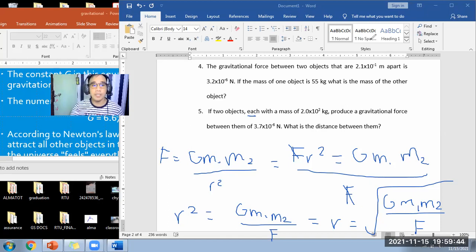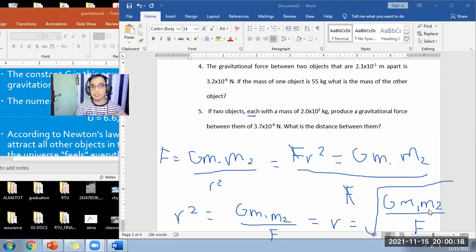So ano yung makukuha nyong sagot? So using the following formula, apply na lang yung 6.67 times 10 to the negative 11.